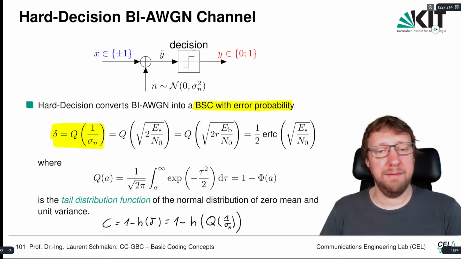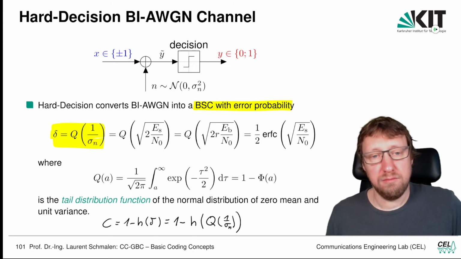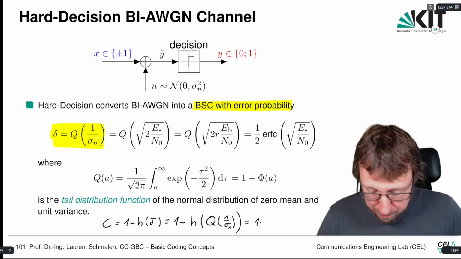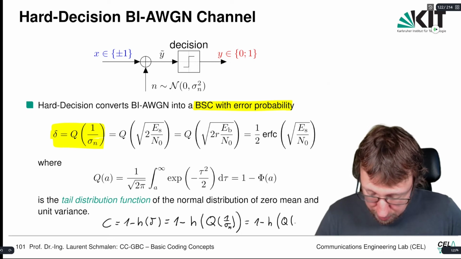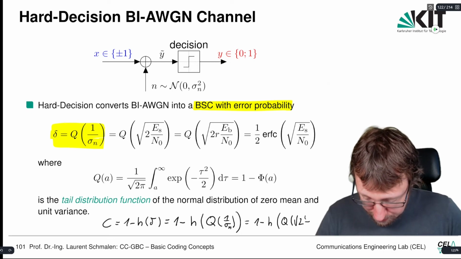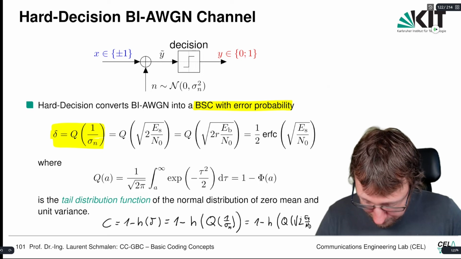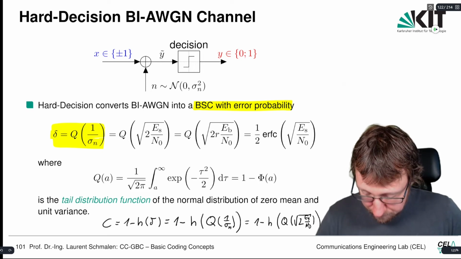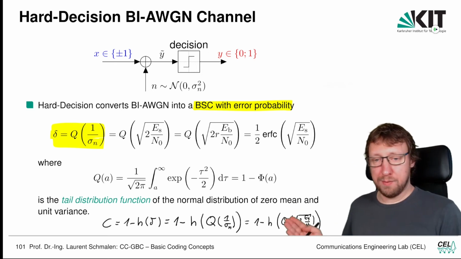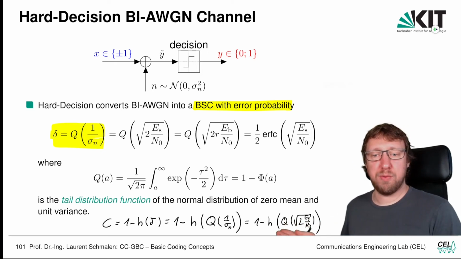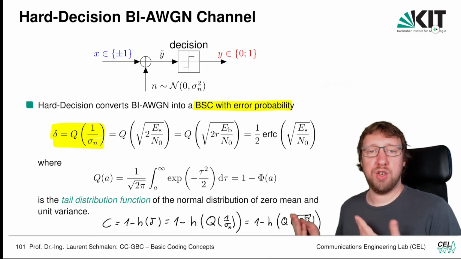That's the capacity. Or 1 minus binary entropy function of the Q function of square root of 2 times ES over N0. Okay, so with this expression, we can plug it in and generate a plot.